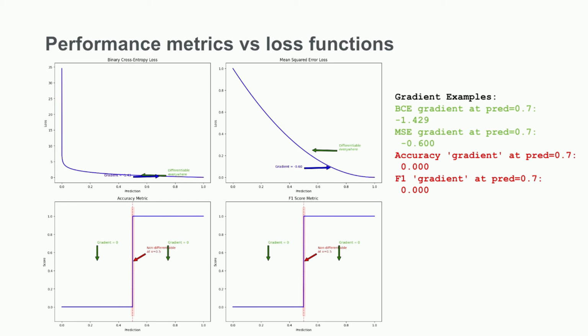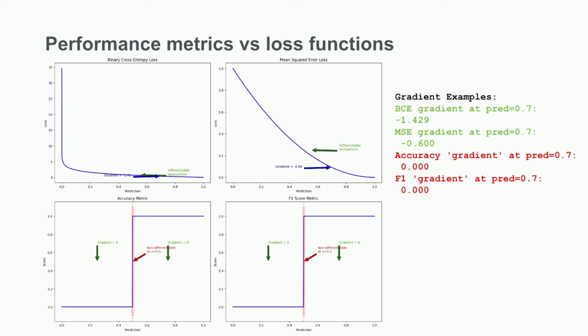All of these are functions that have smooth behaviors where we can compute gradients. But the accuracy function, the F1 score, the precision score, they have these big cliffs where we cannot really compute derivatives. Training is something that needs continuous feedback, so it's something that we cannot really do with the accuracy score.